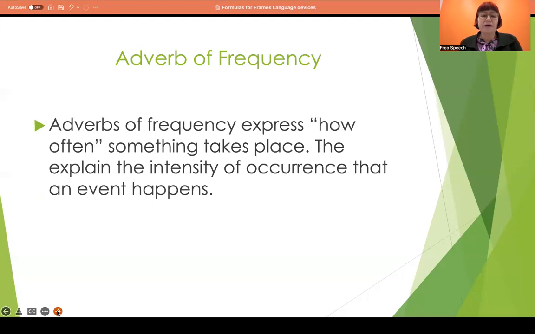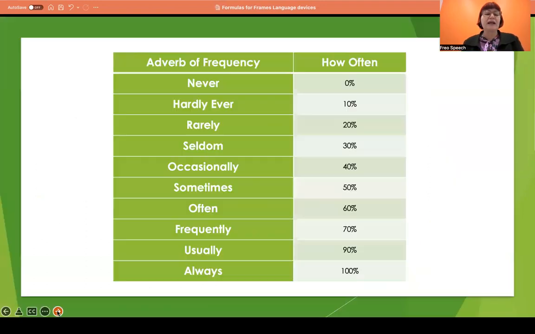And adverbs of frequency tell us how often something takes place or the intensity of an occurrence or an event. And this is a fun checklist, and I don't think this is research based, but it's kind of cool because it gives you a sense of the types of adverbs of frequency that you can have.